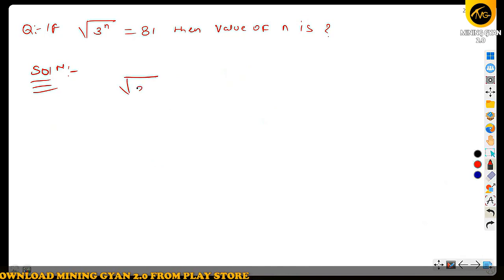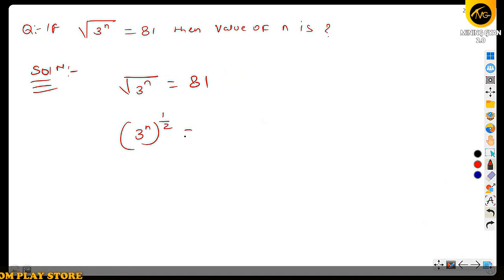Root over 3 power n is equal to 81. That means we can write 3 power n whole power 1 divided by 2. Right? Now, what is 81? If you convert it in the form of 3, we can write 3 power 4. 81 is equal to 3 power 4.